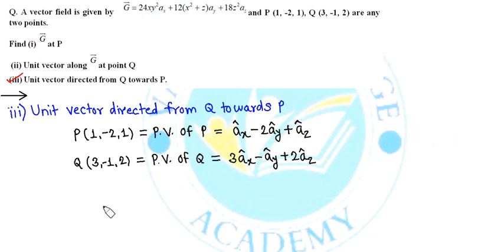Now we are going to find out the distance vector, since we have to find the unit vector directed from point Q to point P. So that is nothing but the distance vector RQP, because what is a distance vector?